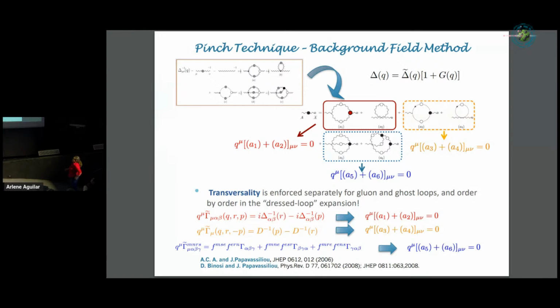Okay? So they respect these Ward-Takahashi identities instead of the complicated Slavnov-Taylor identities. So this is a big advantage. And the price that I have to pay, to translate the background gluon propagator to the conventional gluon propagator, is to compute an auxiliary function. Okay? And this function I can compute, and it actually is related to the ghost propagator.